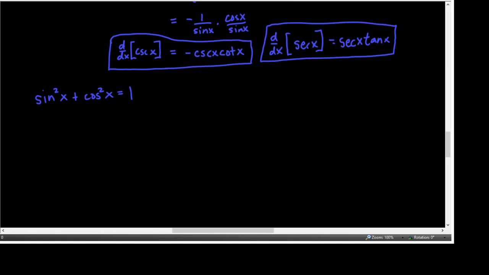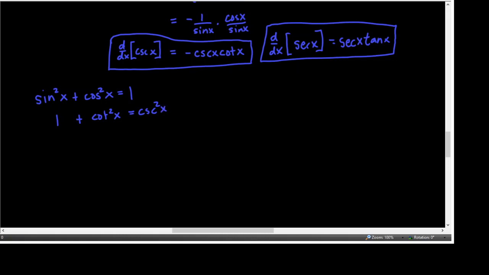To develop those identities, you can divide both sides of this equation by, say, sine squared x. If I divide sine squared x by itself, I get 1. If I divide cosine squared x by sine squared x, I get cotangent squared x. And if I divide 1 by sine squared x, I get cosecant squared x.